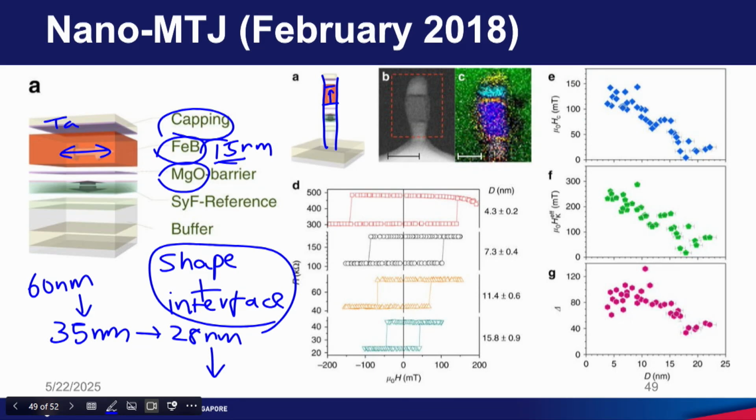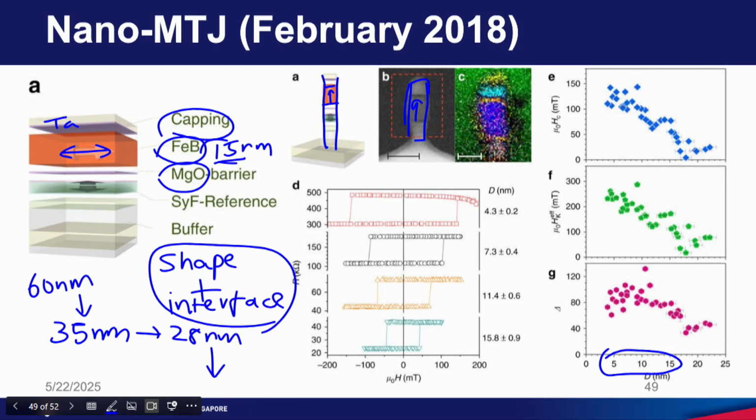This is called nano MTJ because they are making MRAM devices now in the 5 nanometer, 10 nanometer kind of range. Here, because of the shape anisotropy, you see that this is a perpendicular, cylindrical shape, right? Because of this shape, the magnetization is in the perpendicular direction.